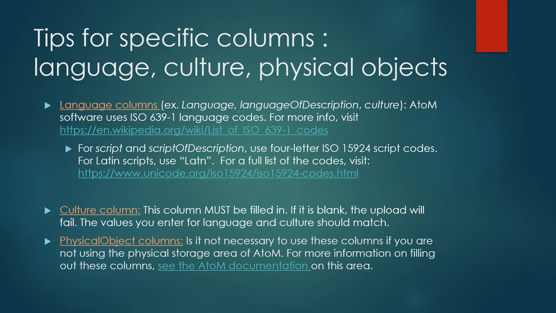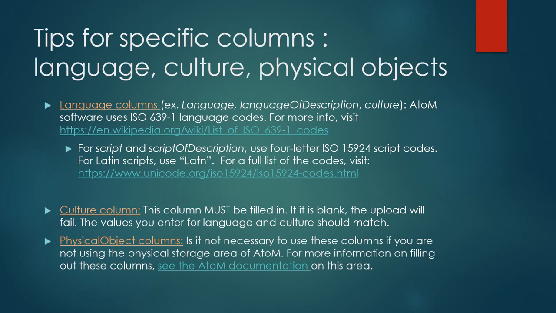And then you can access your script codes at the Unicode link. For example, for French and English, our descriptions would be EN or FR, and the script for both of those languages is Latin, so it would be LATN that we'd be filling out. But if you need to find out what others are, you have the links there.